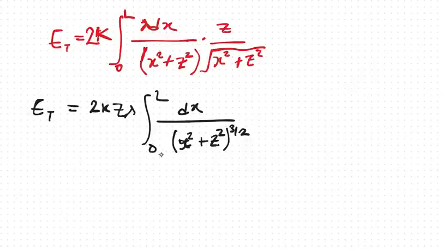Now it's time for us to integrate this expression. But before we move further, I would want to explain something. Remember, we say that E total is equal to 2 E_y cos theta, right?